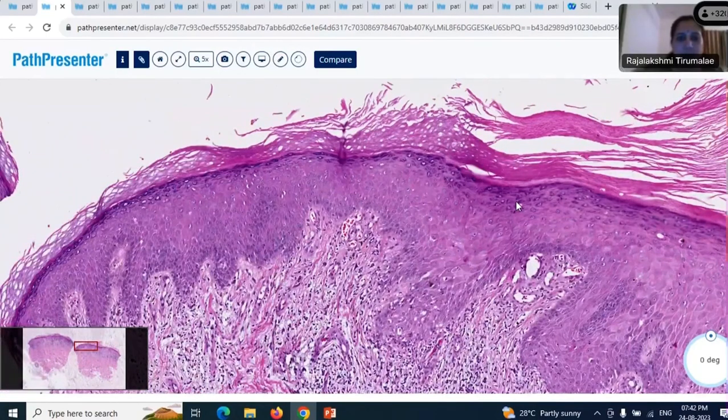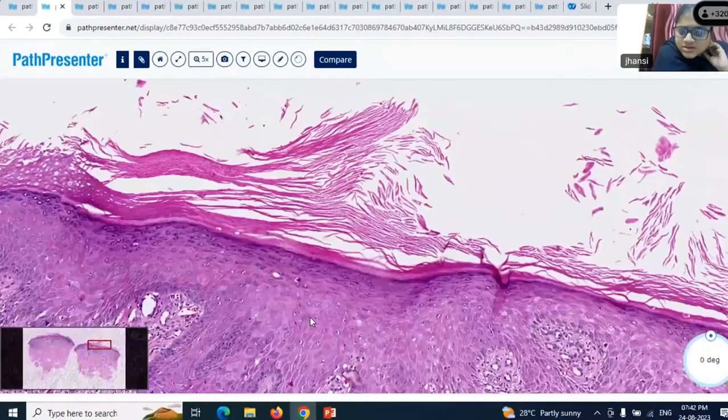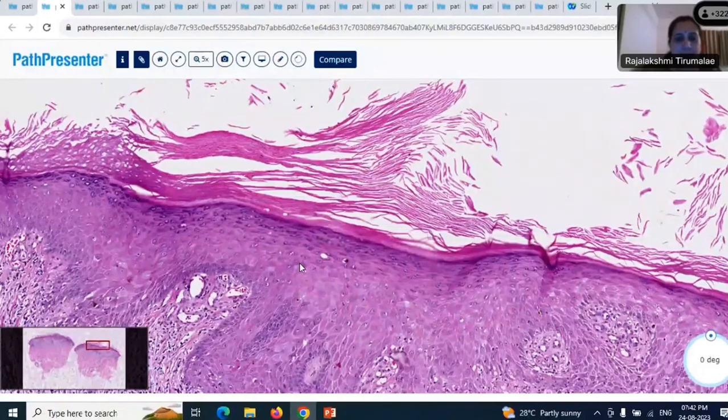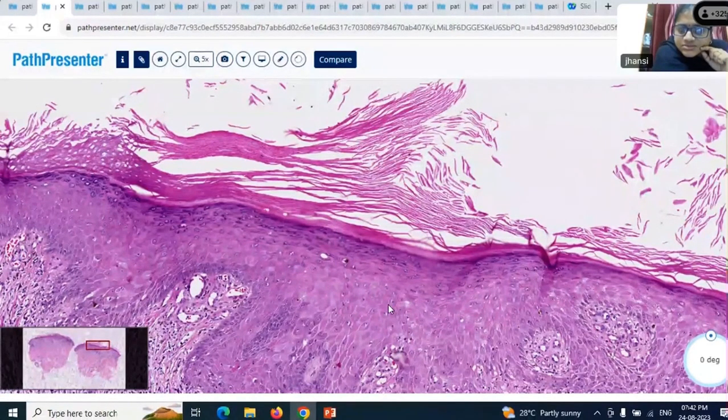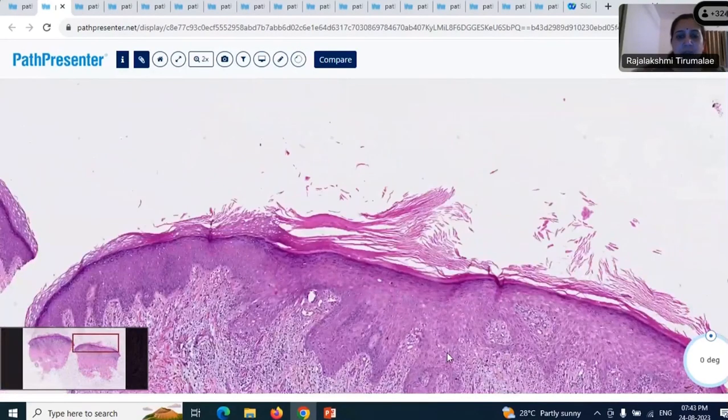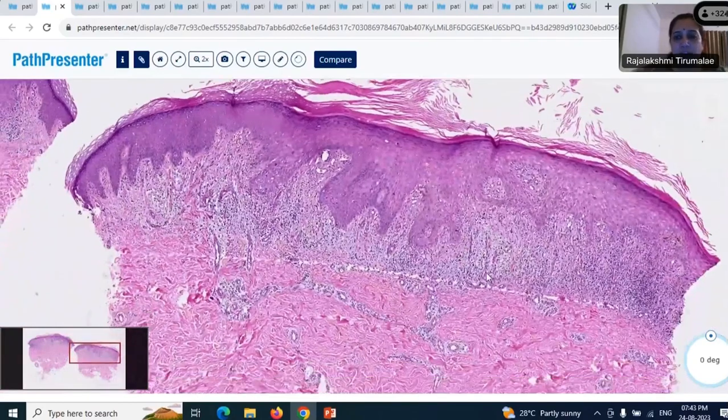What type of keratinization is this? So this is compact orthokeratosis, right? And you're not seeing any nuclei like you saw in psoriasis, so there is no parakeratosis. Otherwise, I think you've described all the findings pretty accurately.